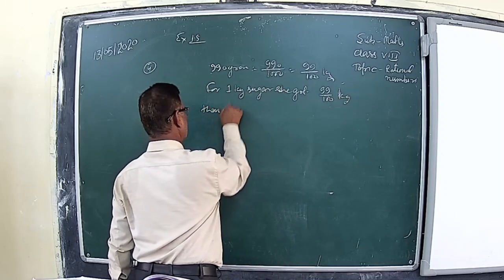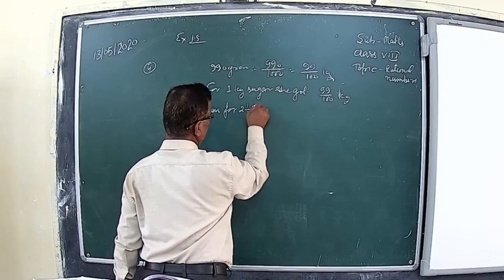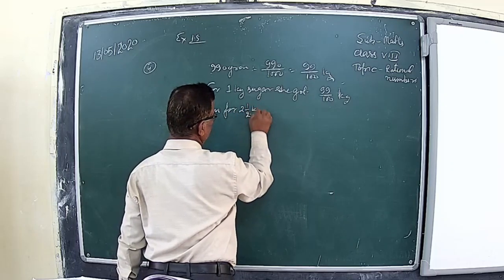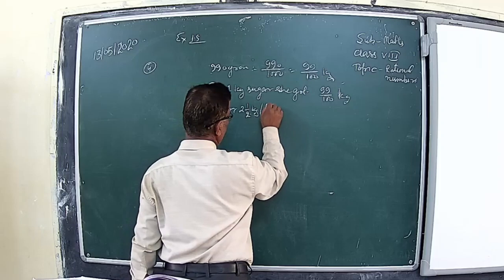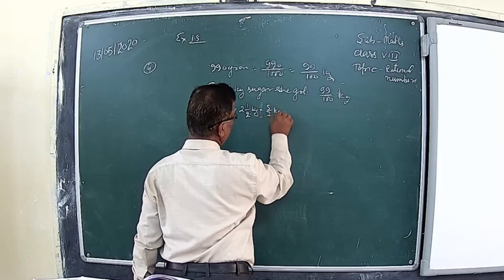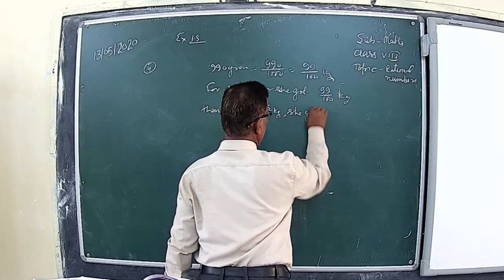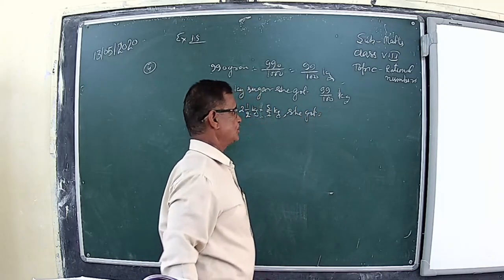Then for 2 whole 1/2 kg, that is 5 by 2 kg, how many kg of sugar did she get?